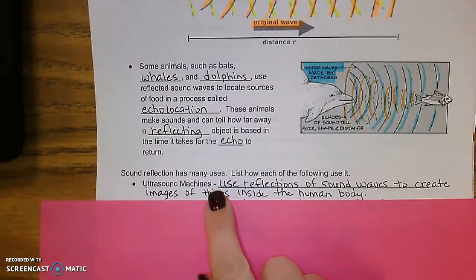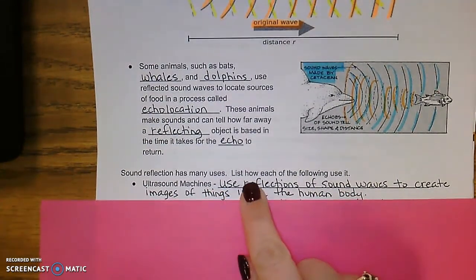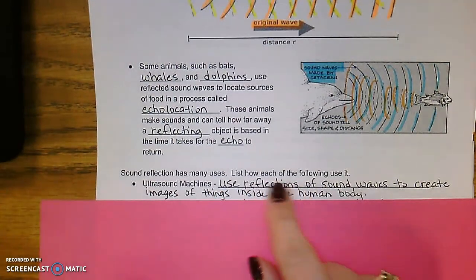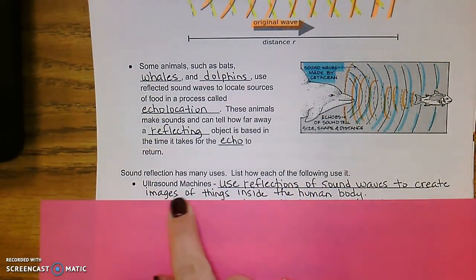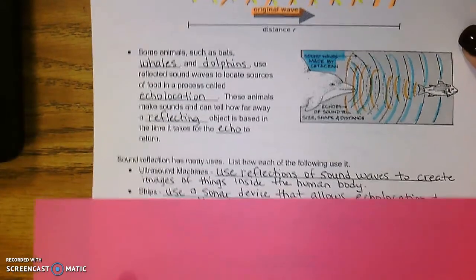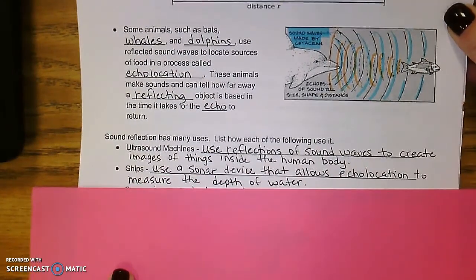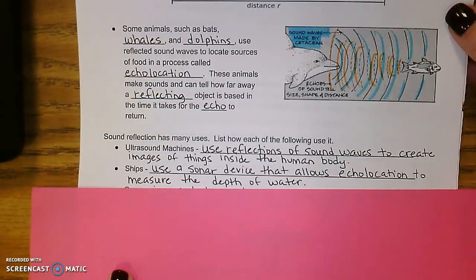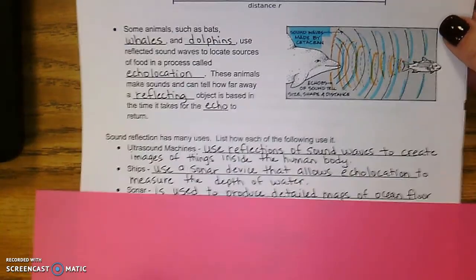Sound reflection has many uses. List how each of the following use it. So one of them would be ultrasound machines. They use reflections of sound waves to create images of things inside the human body. Ships use a sonar device that allows echolocation to measure the depth of water.